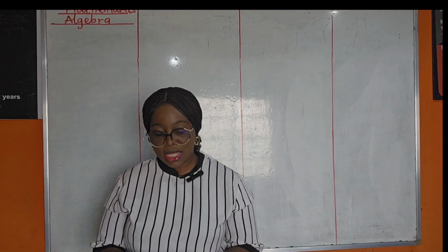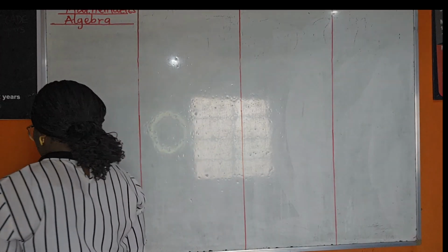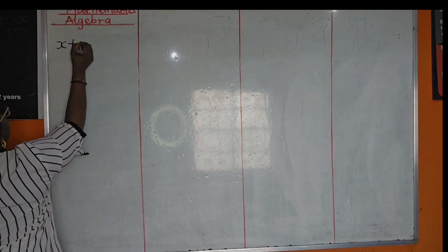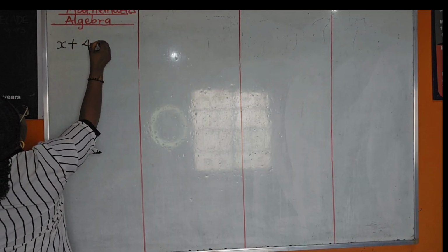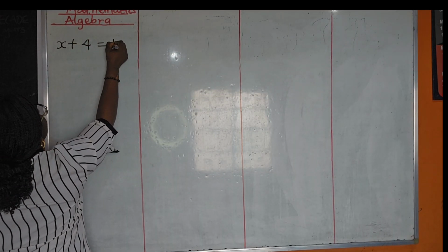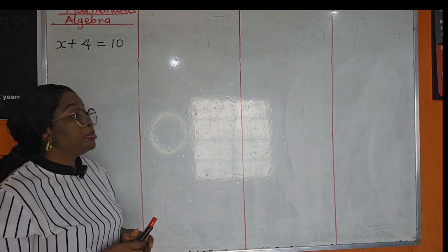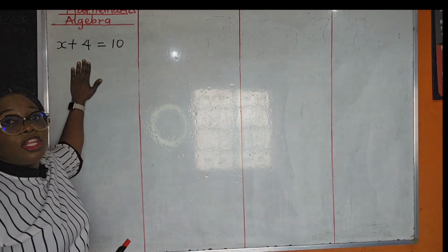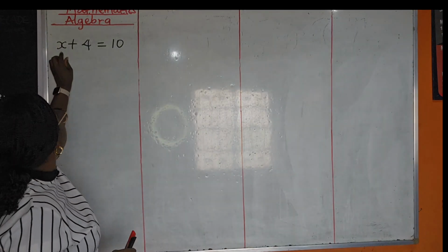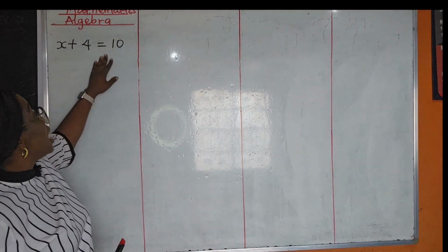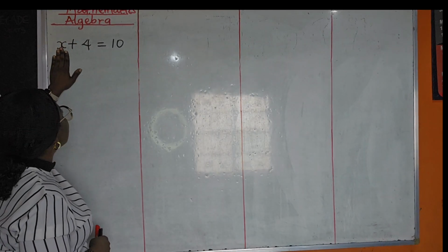In an algebraic equation, you have something like this: x plus 4 equal to 10. This is an example of a simple equation in algebra. You can see the fusion of letters and numbers, and you'll be asked to solve for the letter.